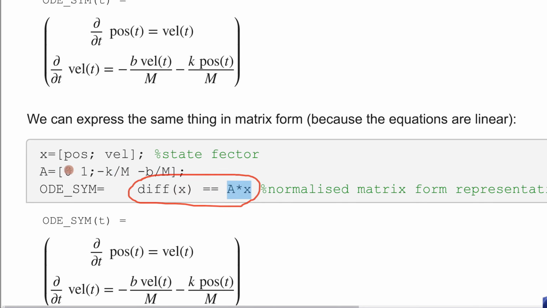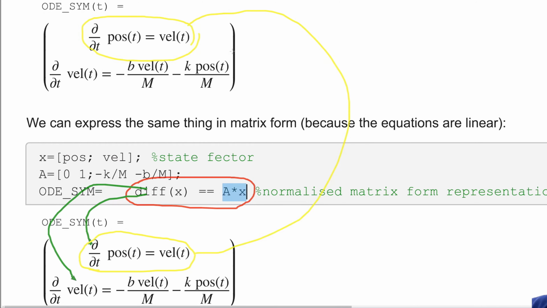Indeed, first equation would be 0 times position plus 1 times velocity, and diff x will be derivative of position in the first equation, derivative of velocity in the second one. So derivative of position is 0 times position plus 1 times speed. So this first equation is of course coincident with this one, so this is an alternate way of writing exactly the same.